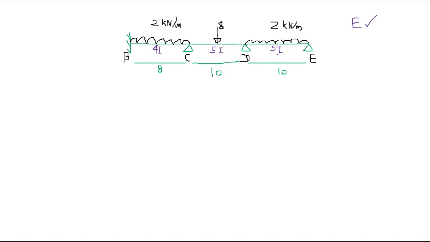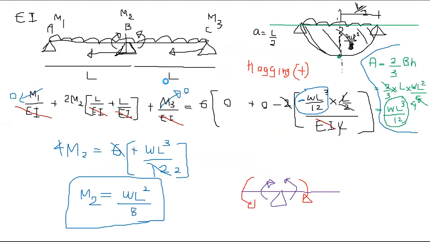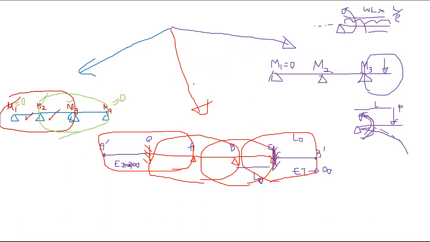Okay, so now what you need to do is solve it using the three moments equation. First thing is you need to determine which category it falls into. It does not fall like this, it falls like this. That's a fixed condition.